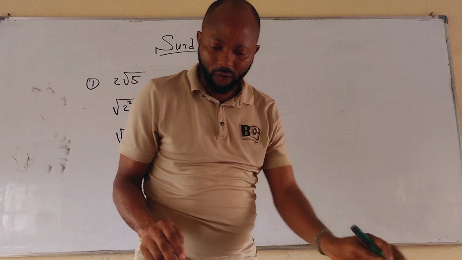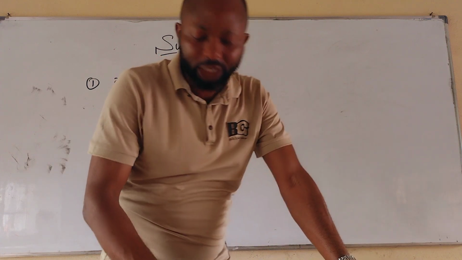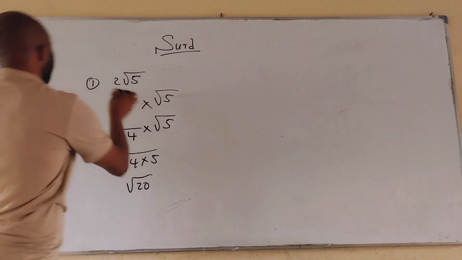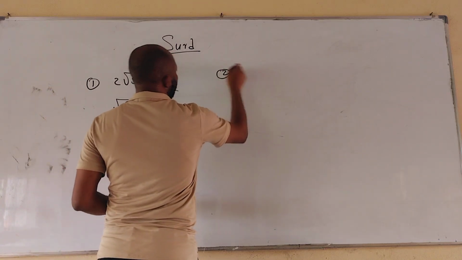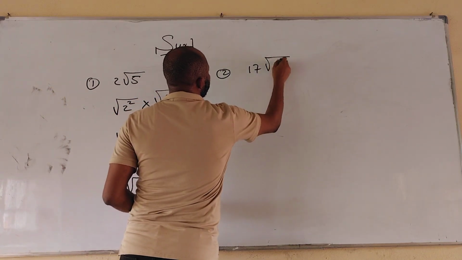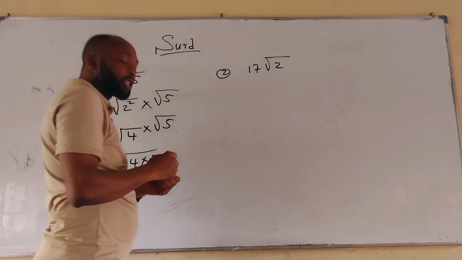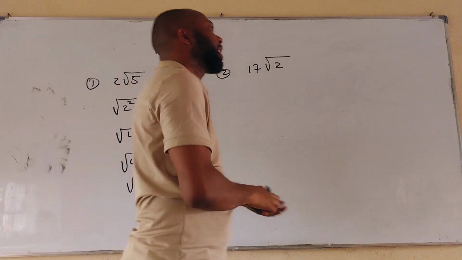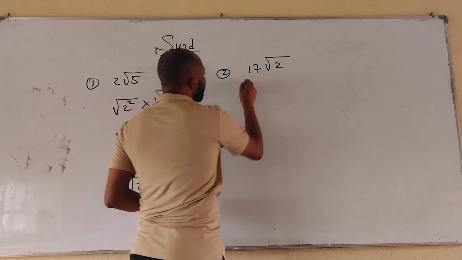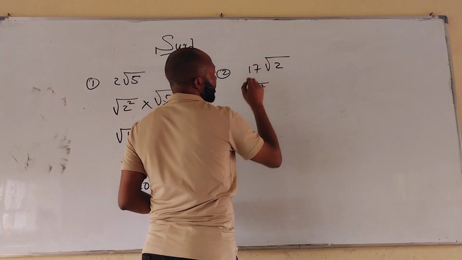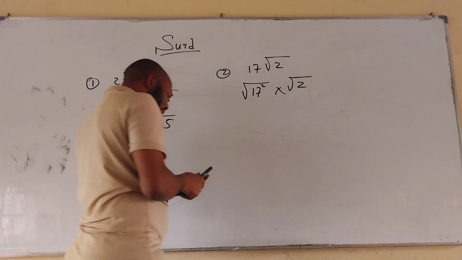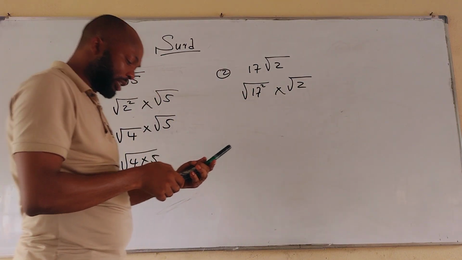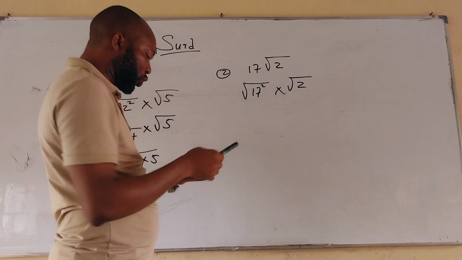Let's take another one. 17 root 2. Since I've discussed that earlier on, the easiest way to go is to root it and square it times the root of 2. So now you ask, what is 17 squared? That is 289.